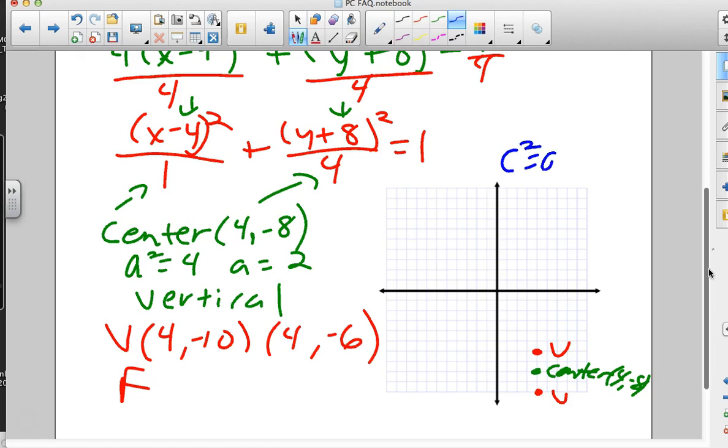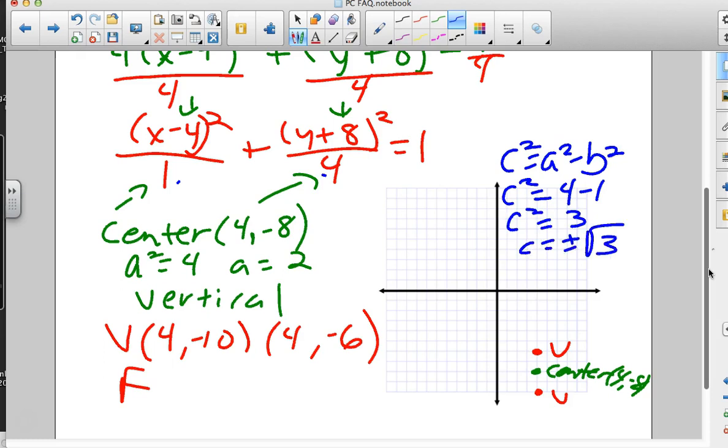So c squared equals a squared minus b squared, because the formula for ellipses has a plus in it. To find something that's missing, we have to subtract. So c squared equals our lovely 4 minus 1. C squared equals 3, and c is plus or minus the square root of 3. So again, if you want the help with this visually, you're going to do, okay, the square root of 3 is about 1.7, blah, blah, blah, and that will put us here and here.